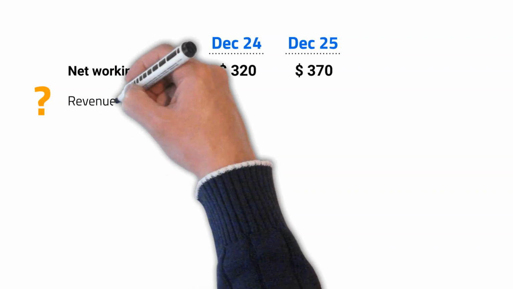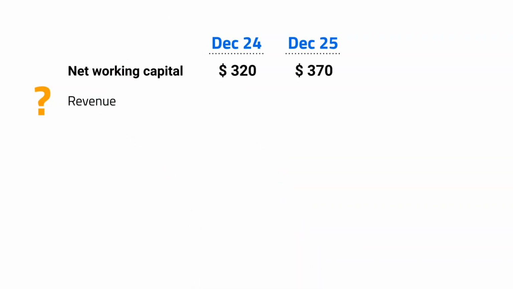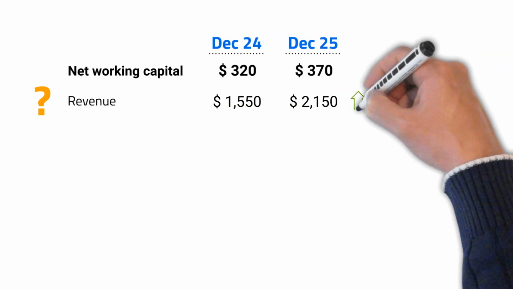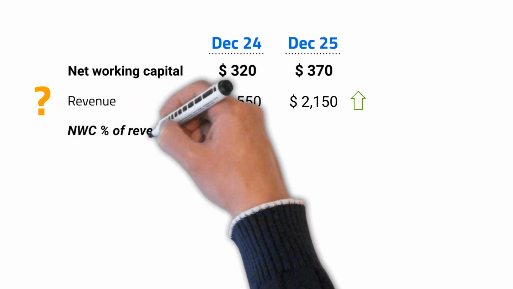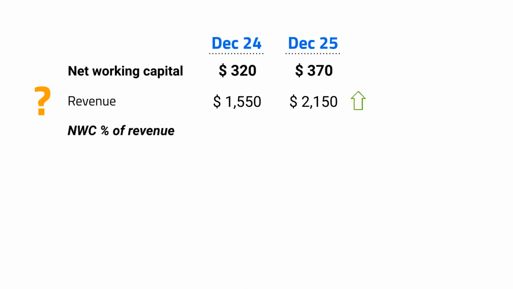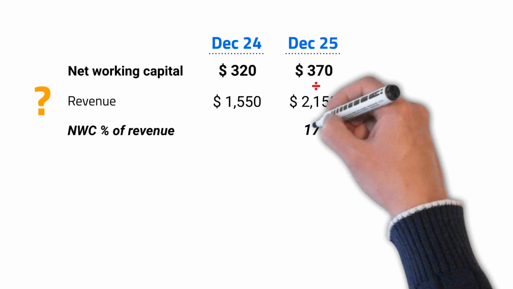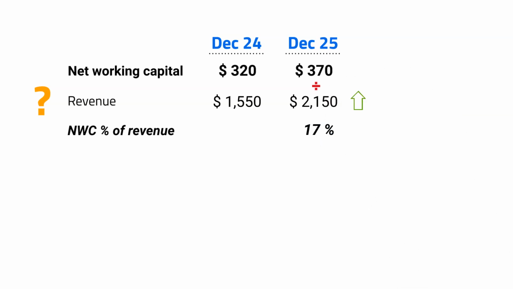Let's check it out. Our revenue in 2025 was $2,150. In 2024, it was $1,550. Does it justify the growth in net working capital? The quickest way to check it is to calculate net working capital as percentage of revenue. Dividing 370 by 2,150, we get 17% for 2025.